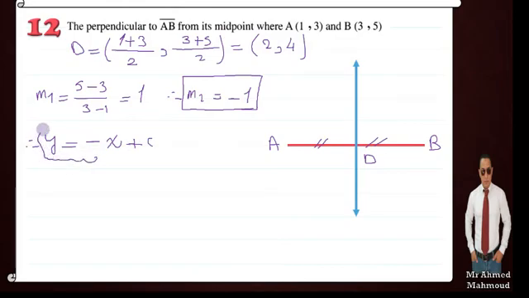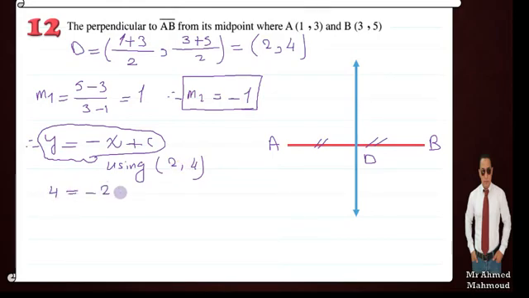Here the line passes through the midpoint, and the midpoint is D. Then I will say, using (2, 4), 2 is x, 4 is y, so 4 equals negative 2 plus c. Please send negative 2 here.